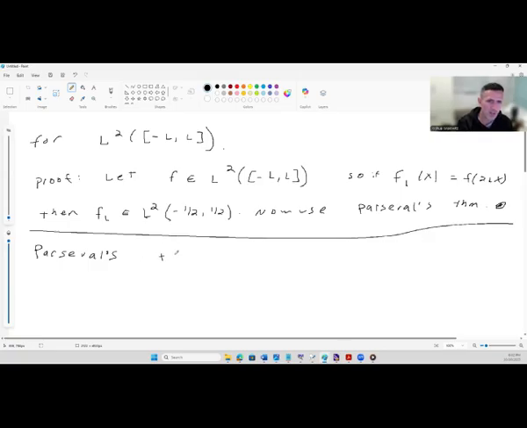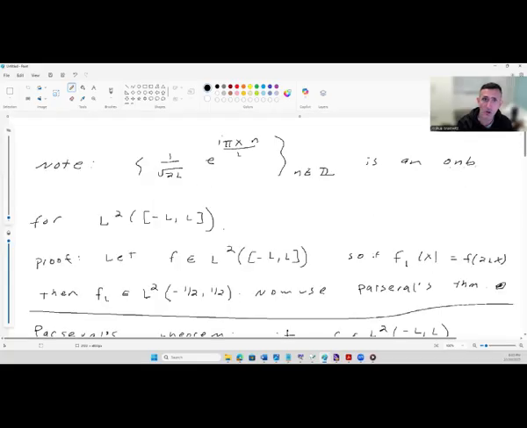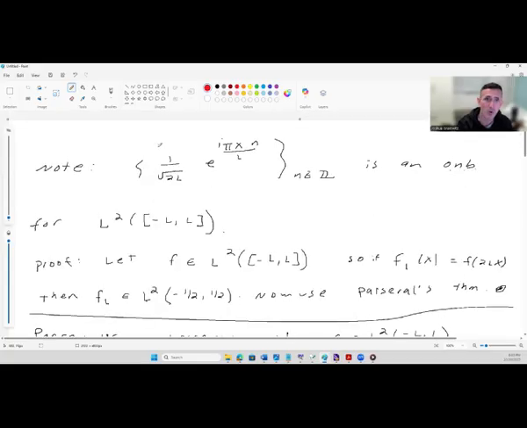So the general Parseval's theorem is as follows. F is in L2 minus L to L. And let's call this, just like before, let's say this is En.